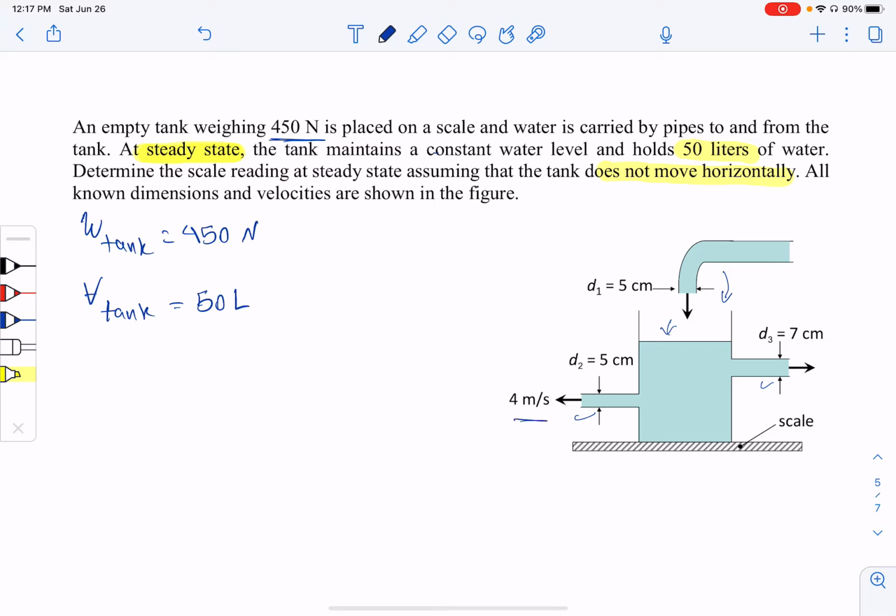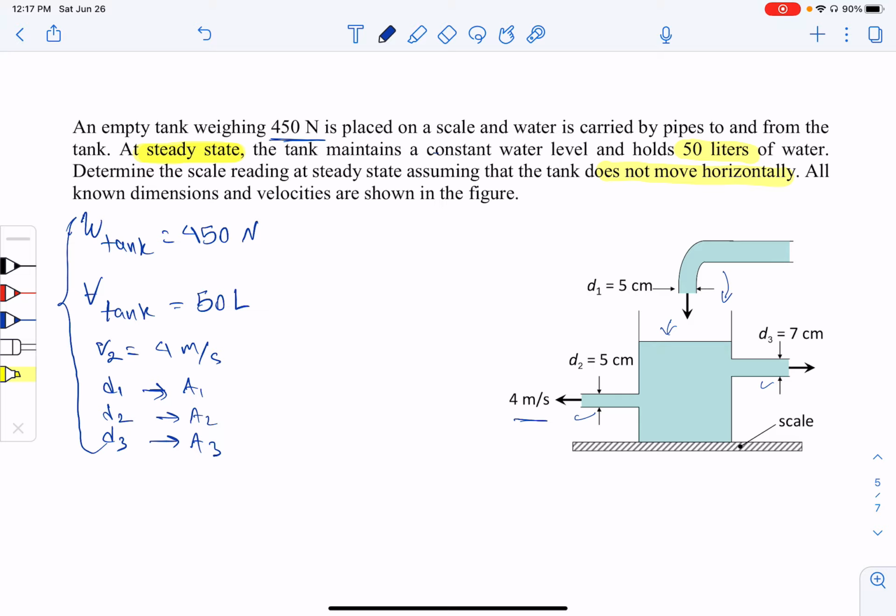You have V2, which is 4 meter per second. You have D1, D2, and D3, meaning that you have A1, A2, and A3, right? These are the things that you have, and now you are trying to find the scale reading.